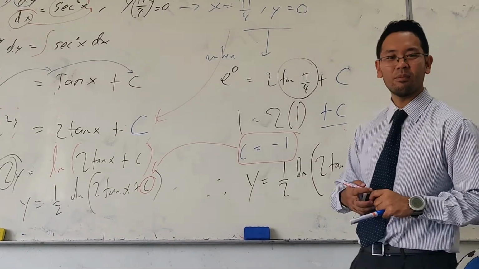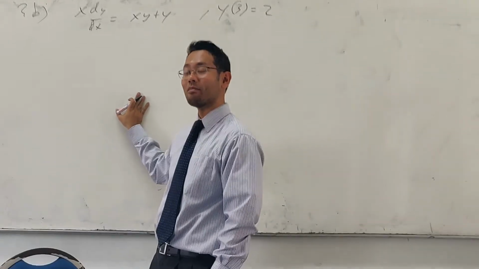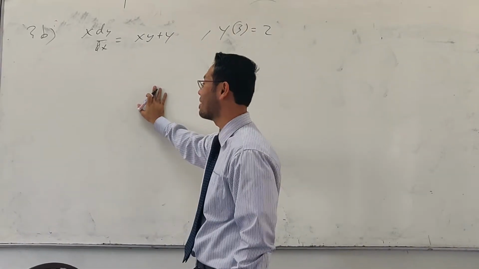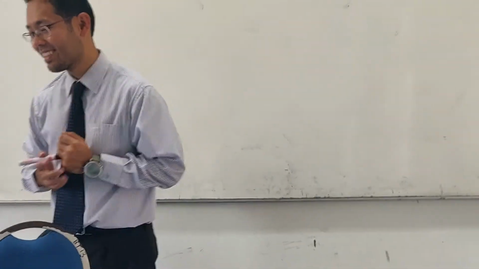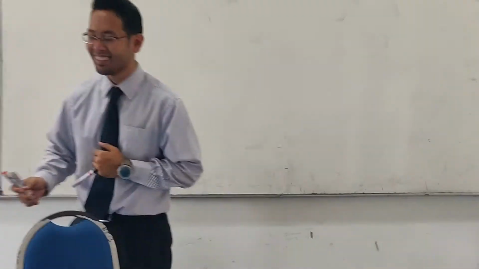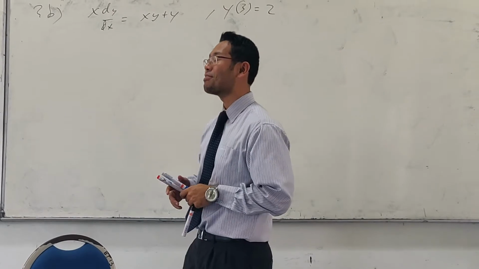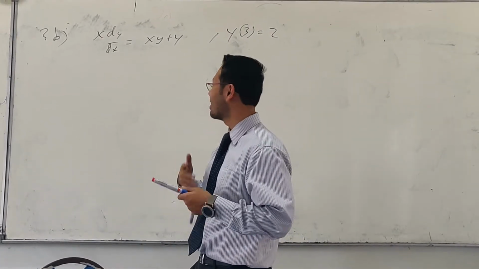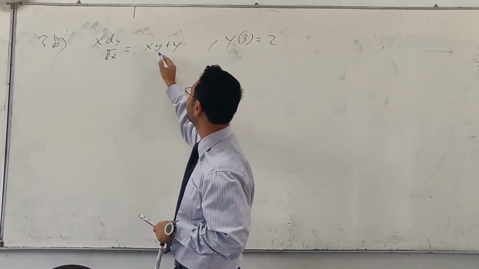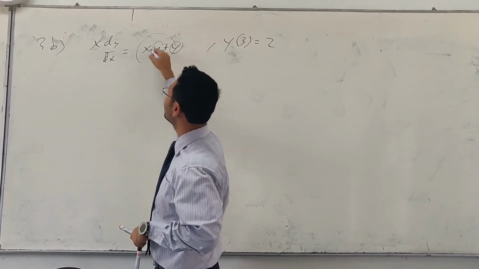Right, that's all. Pause, let's have a look for a second. Intermediate level questions. The first question you need to ask yourself is, is it separable? It is separable. You can have a look over here, it's y and y, so you can factorize.